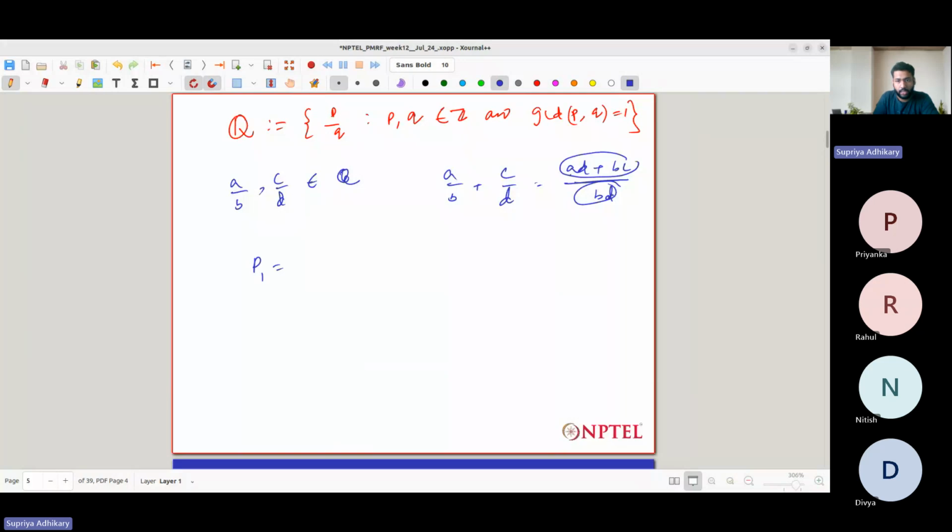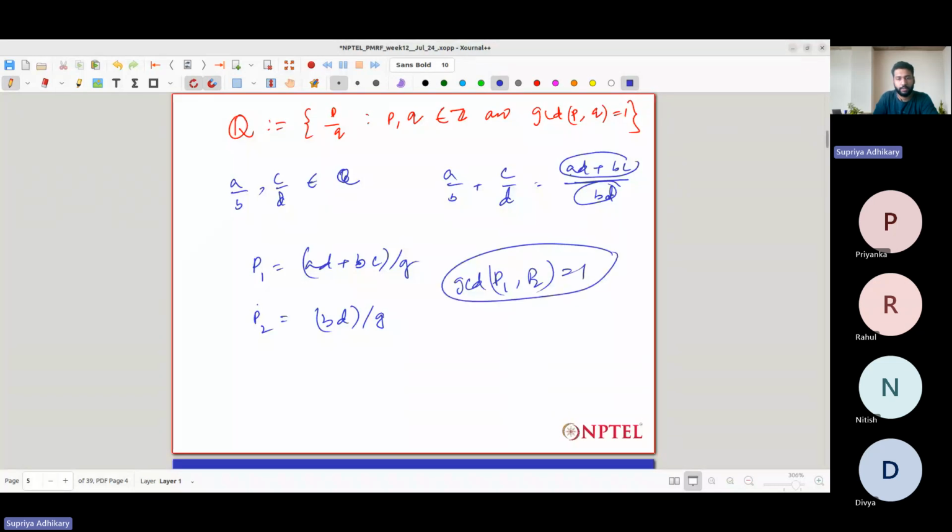Then we can consider P1 as AD plus BC over G, and P2 as BD over G. And then the GCD of this P1 and P2 would actually be 1. You can verify that, because we are just dividing the GCD from both of these two terms.